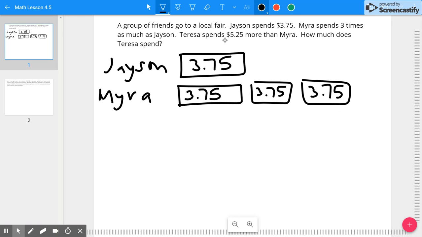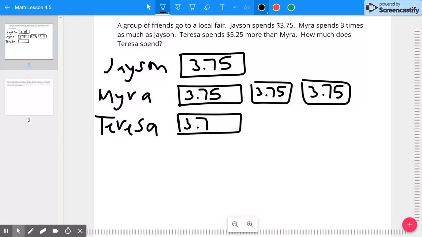Now, it says Teresa spends $5.25 more than Myra. So that means that she spent the same amount, but then spent another $5.25. So let's write her name, Teresa. And Teresa spent the $3.75, she spent the $3.75, and she spent the $3.75.